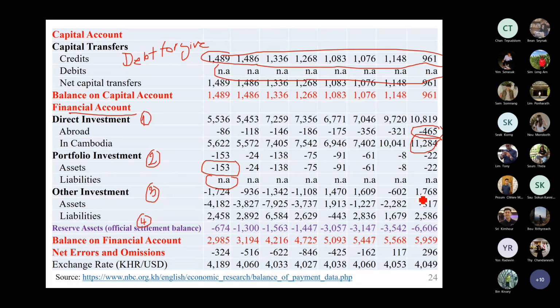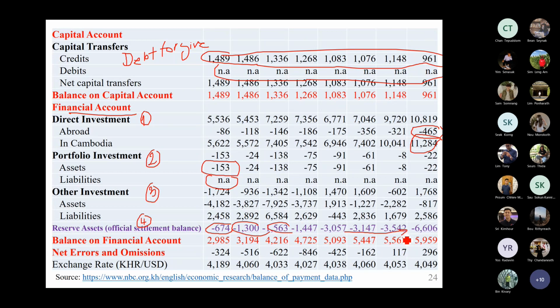And then we have the other investment, okay? And lastly, we have the official reserve. You can see we have a minus here. So a minus and increasing, okay? So the reserve asset, the official settlement balance, which we talked about in the beginning slide in today's session, refers to our central bank owning or accumulating more foreign reserve, and that is located abroad.